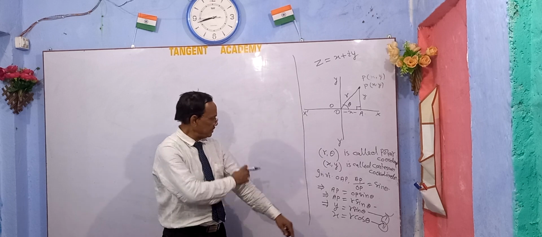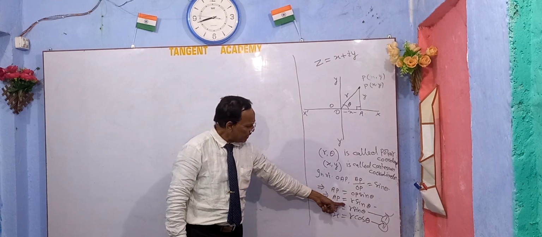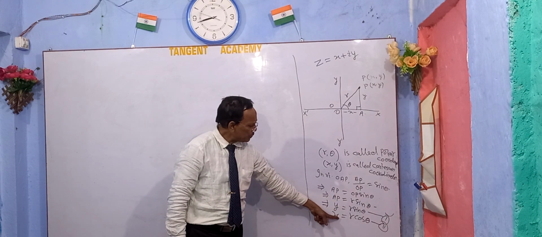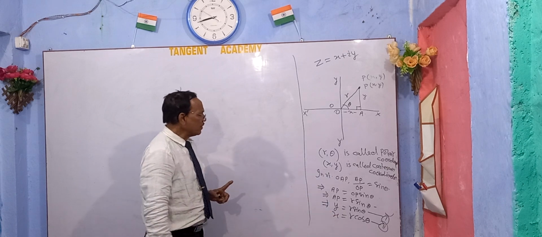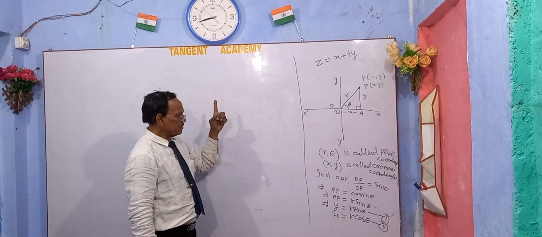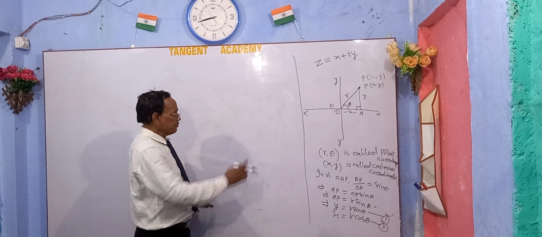Now we square relation 1 and relation 2 and add them up, and let us see what relation is obtained.